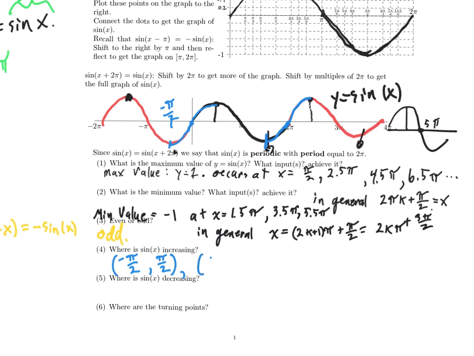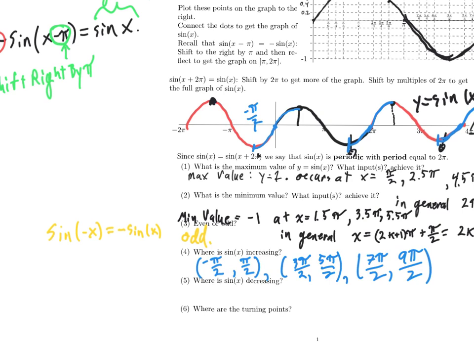So that looks like 3 pi over 2 to 5 pi over 2. It's increasing again from, it looks like, 7 pi over 2 to 9 pi over 2.